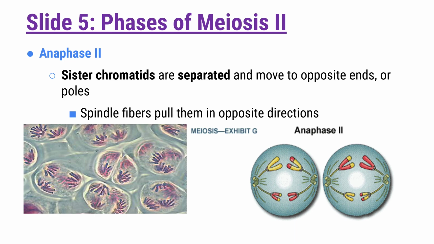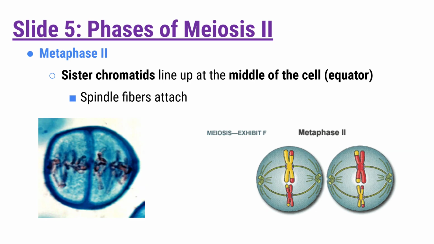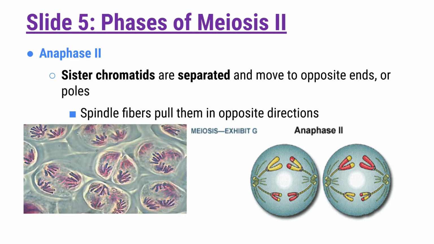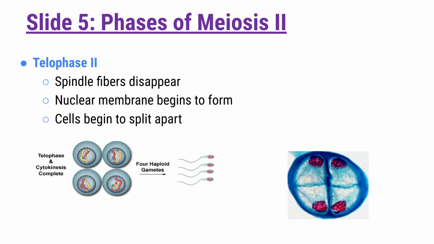Anaphase 2, those sister chromatids are going to be separated and move to the opposite poles, with the spindle fibers pulling them in opposite directions. The big thing here is knowing that now the sister chromatids are separated. Telophase 2, the spindle fibers are now going to disappear, the nuclear membrane begins to form, and the cell begins to split apart again.